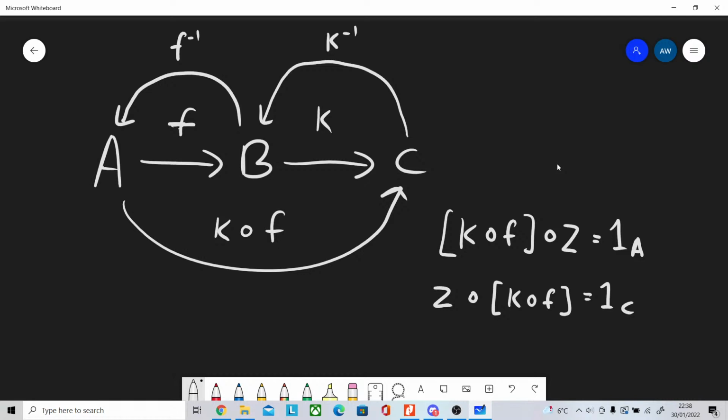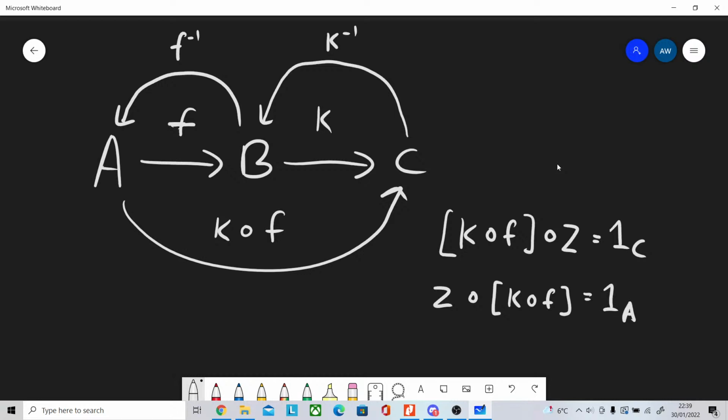So it cycles back around and does nothing, and then similarly we have the other one as well. Wait, oh my god, I did the same mistake again. Read from right to left. So this is 1C, this is 1A.